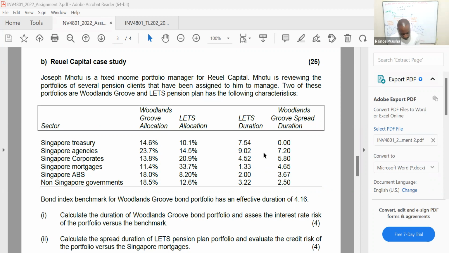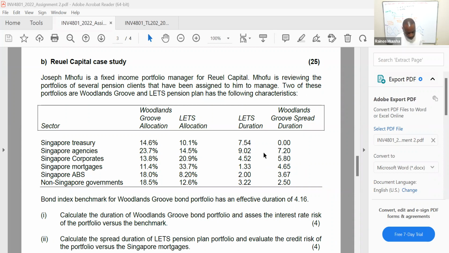From the given information, they give us the allocation for Woodlands Group, and they give us the allocation for LETS pension plan.